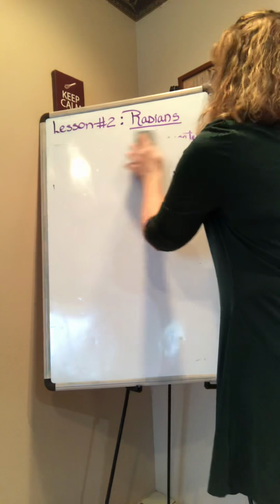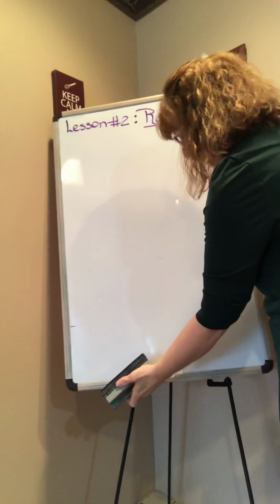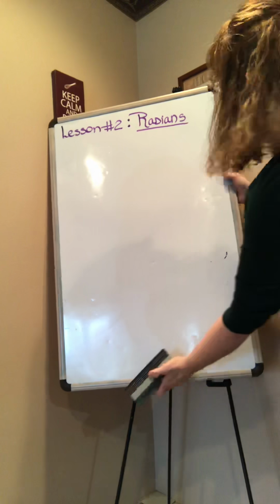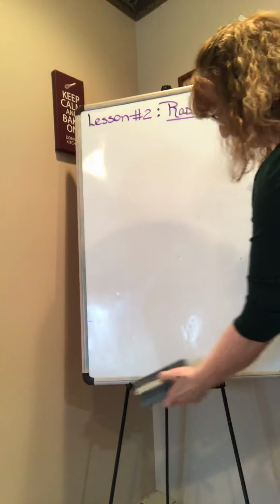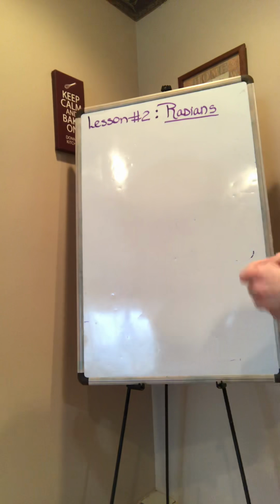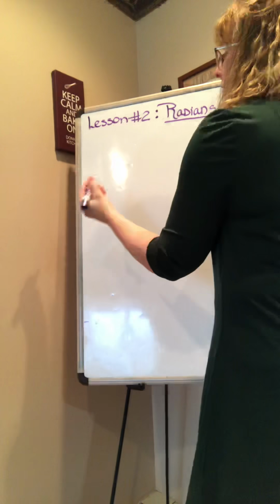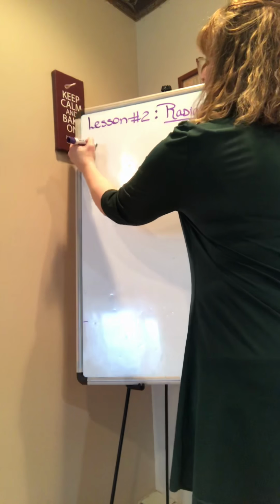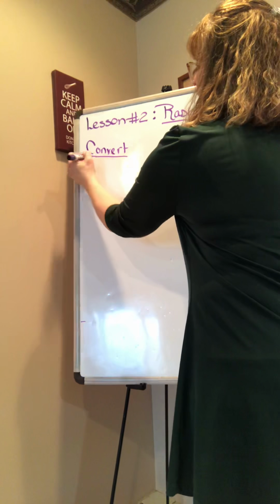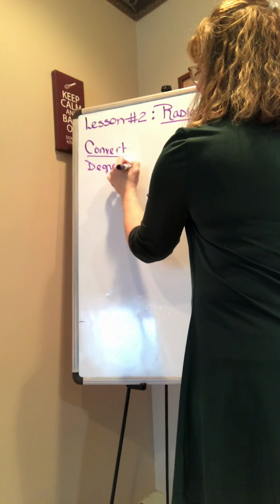And the next thing that we have to remember, which is another big thing that you did in geometry, and I do hope you remember this, is converting angles from degree measurement to radians. So we're going to convert from degrees to radians.